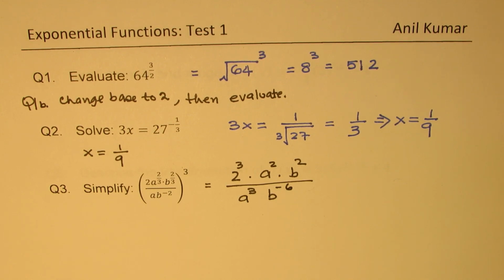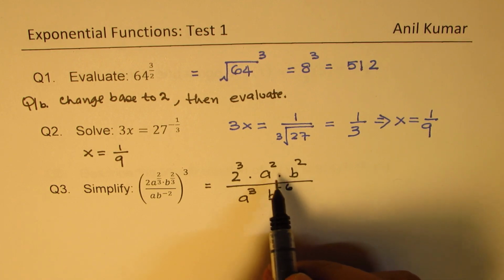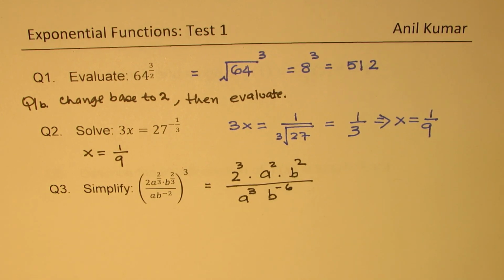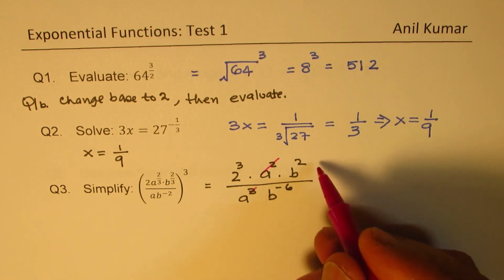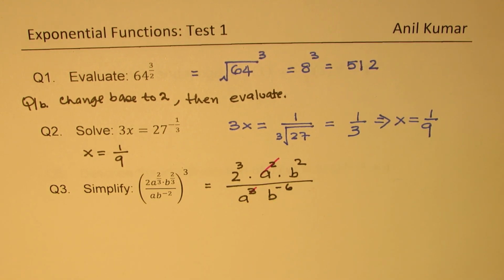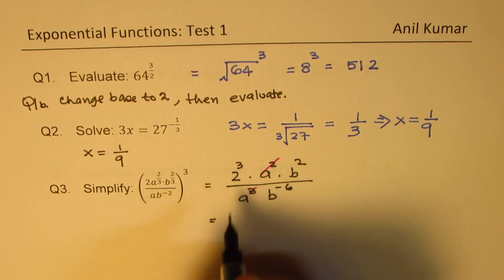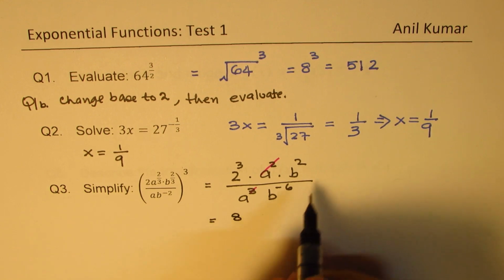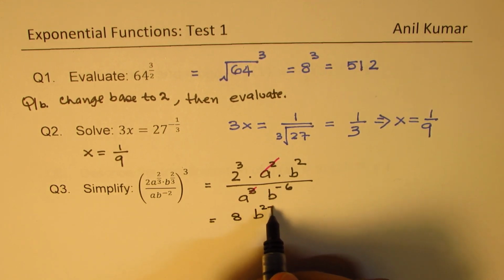Right? Now, as you can see here, the powers of a, we could actually cancel. We are left with 1 here, right? But this goes in the numerator. Perfect. So what I'm trying to say here is that you could write this as equal to 2 to the power of 3, which is 8. And we have b to the power of 2, and this is minus 6, so it becomes 2 plus 6, right?